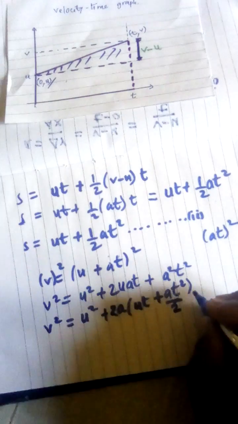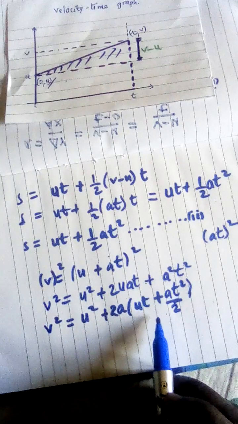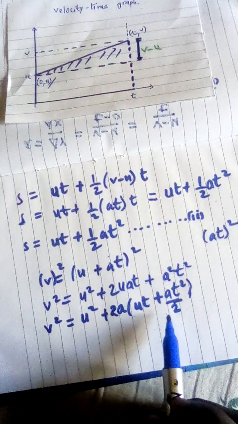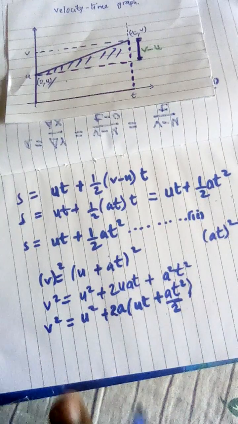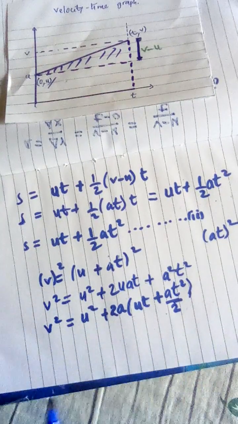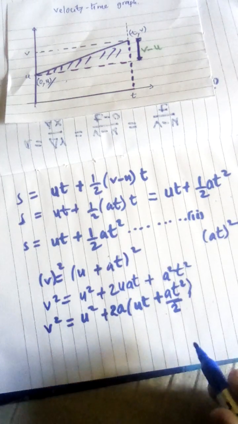Then looking at the stuff in this bracket, you realize this is the formula for the second equation, ut plus half at squared.